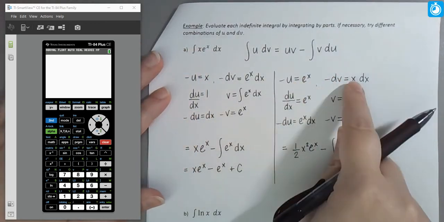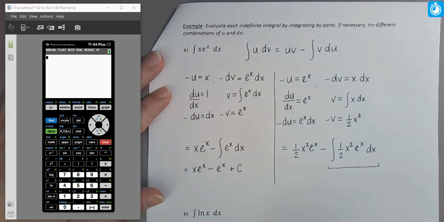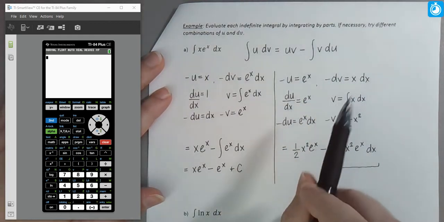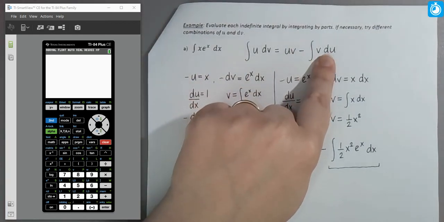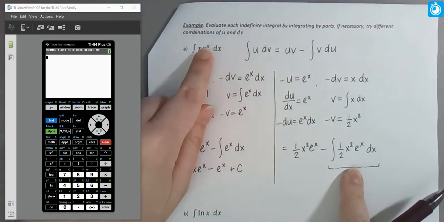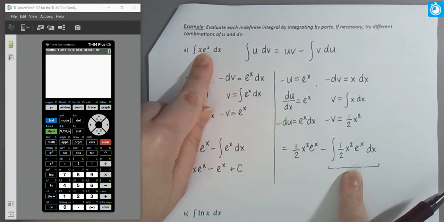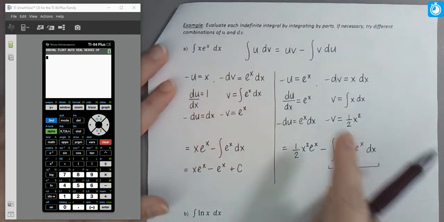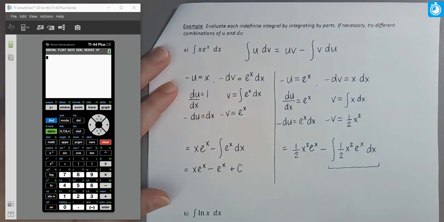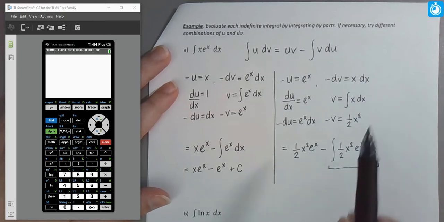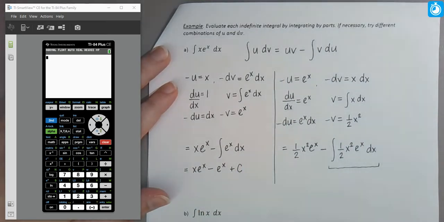So this particular combination of assignments allows us to find different parts. We can differentiate, we can integrate, we can find the original parts. But the new integral we generate is actually more complicated than the one that we started with. So because this pairing leads us to something that's more complicated than what we started with, something we can't integrate directly, that indicates that this would not be the pairing we would want.